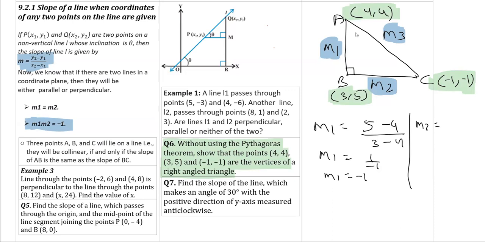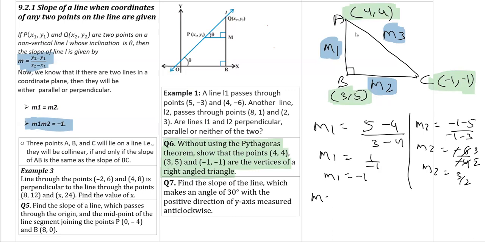M2 is minus 1 minus 5 over minus 1 minus 3. So M2 is minus 6 over minus 4, which can be reduced, and this is 3 over 2.